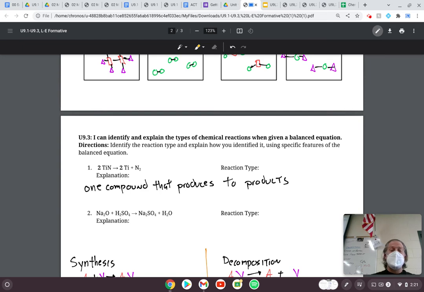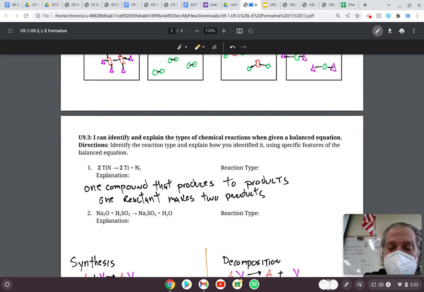You could have written 1 reactant. You could also have written 1 reactant makes 2 products. Both work. But that's an indication that you have a decomposition reaction.